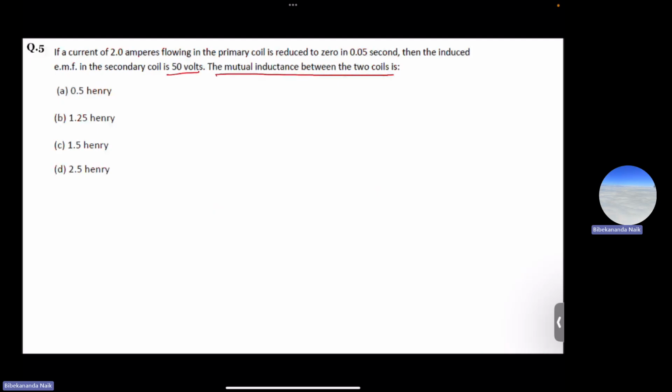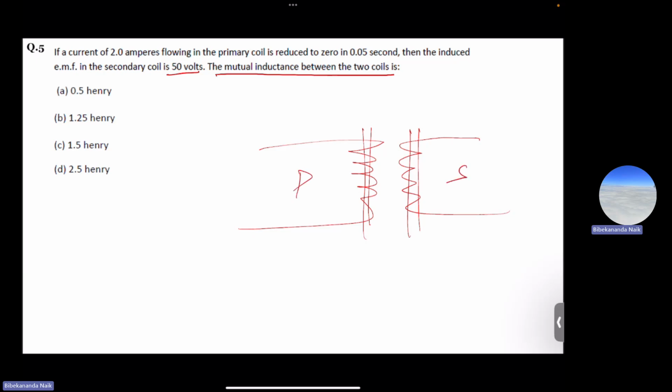So there are two coils and this is the core. This is the primary coil, this is the secondary coil. This is the current in the primary coil which is flowing and it becomes 0, so 2 to 0 within 0.05 second.